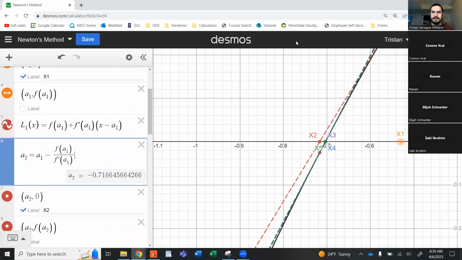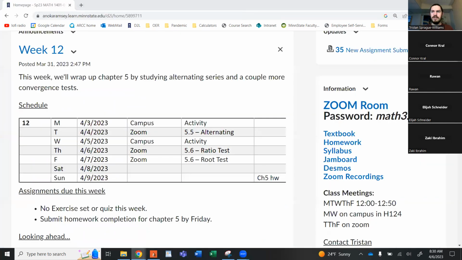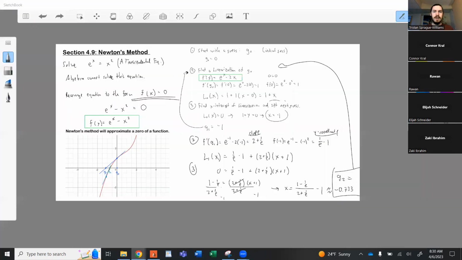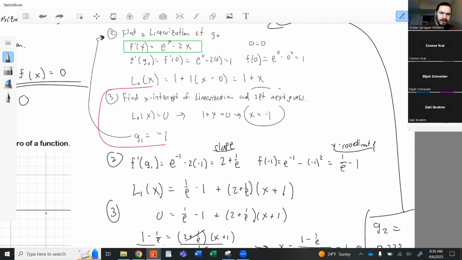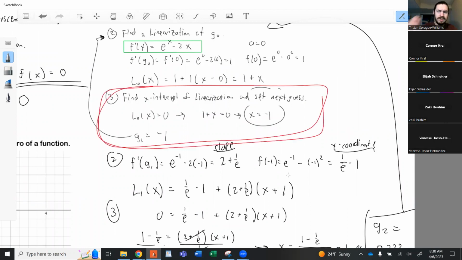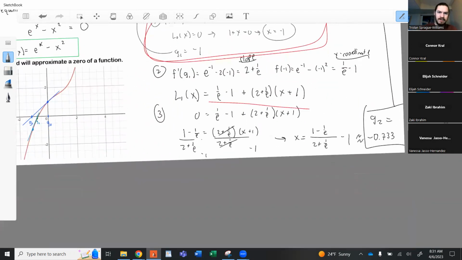What is that? Well, the answer is that it's basically what you would get if you take this process, step 3, where we take the linearization, we set it equal to 0, and we solve it to get the next guess.